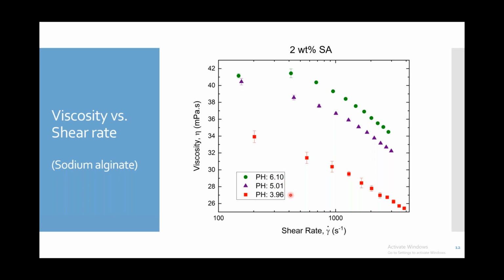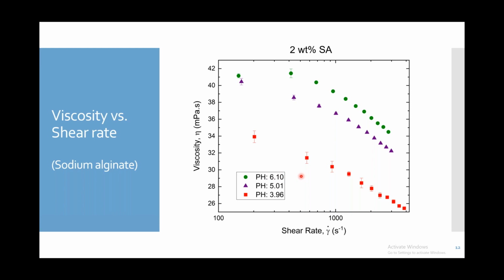To adjust the pH, a small amount of hydrochloric acid was added to 2 weight% sodium alginate solutions to drop their pH. The initial pH value of the neutral solution was measured as 6.1. That indicates the dissociation of carboxylic acid groups in the solution.